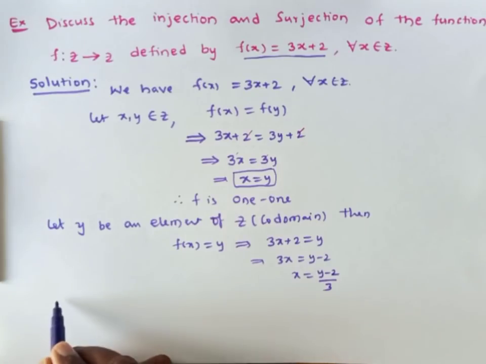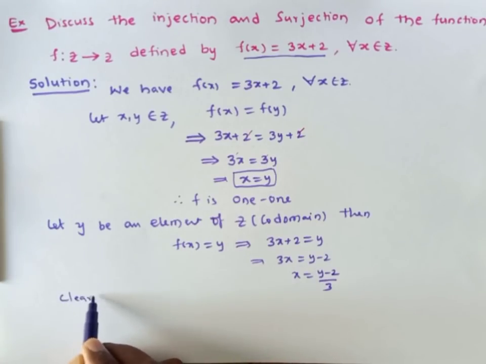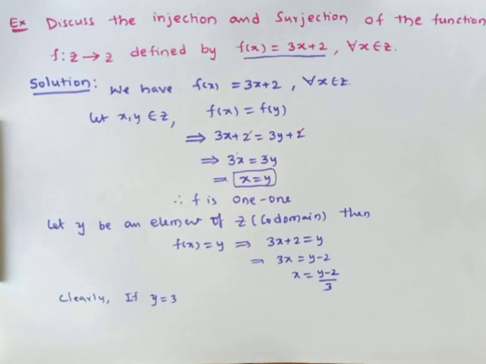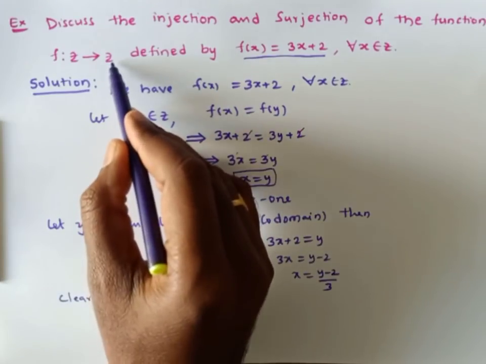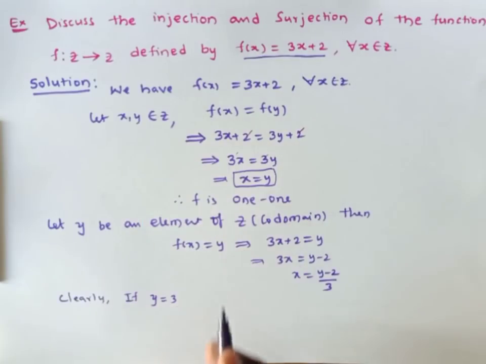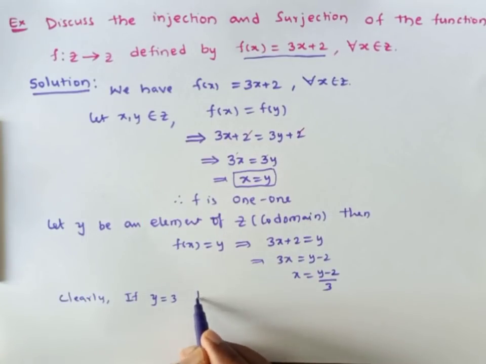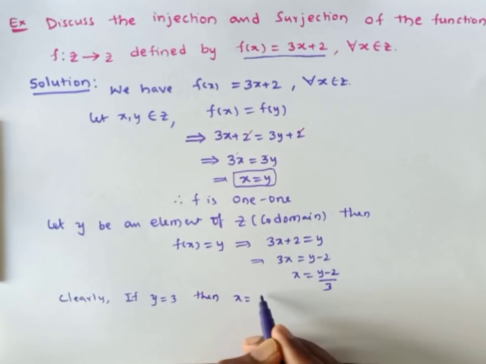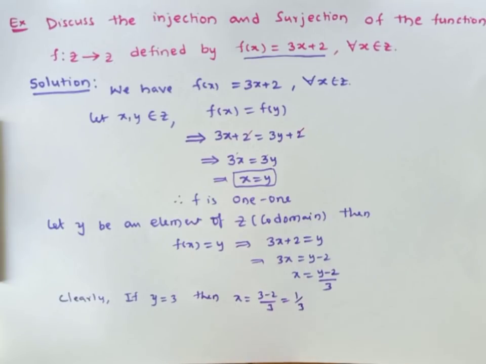Here clearly we can observe that if the value of y is 3, since it is an integer set, 3 is certainly present in the codomain. So if y is 3, what is the value of x? Here x becomes 3 minus 2 divided by 3, which is 1 by 3.